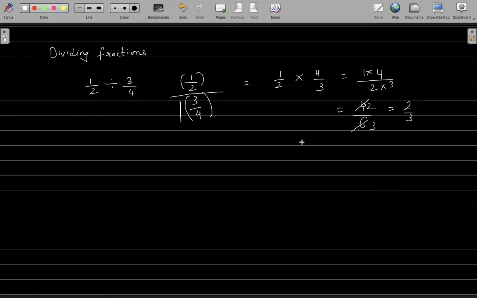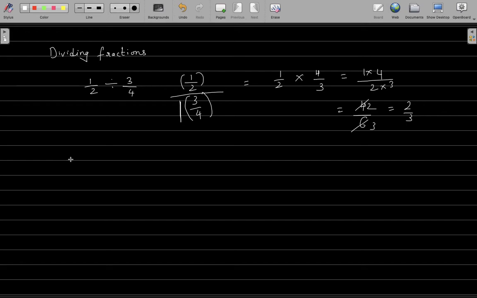So whenever you are dividing two fractions, you convert the division sign into a multiplication sign by changing the fraction in the denominator to its reciprocal. Right?